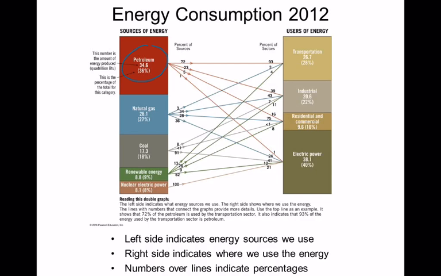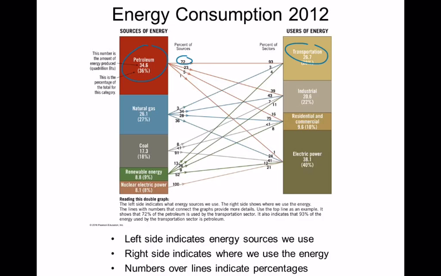Of all of the sources of energy, about 36% came from petroleum. Of that, 72% went to transportation, 23% went to industrial, 5% went to residential, and 1% went to creating electrical power. I guess that's kind of interesting.